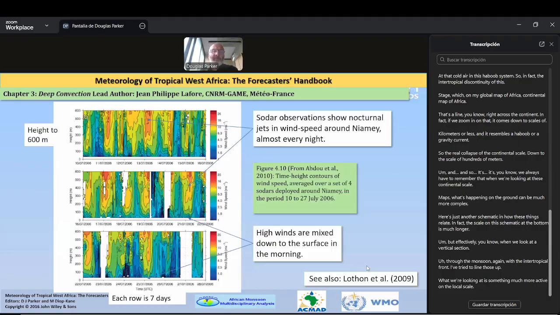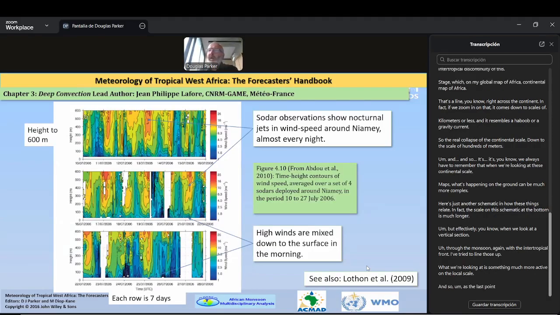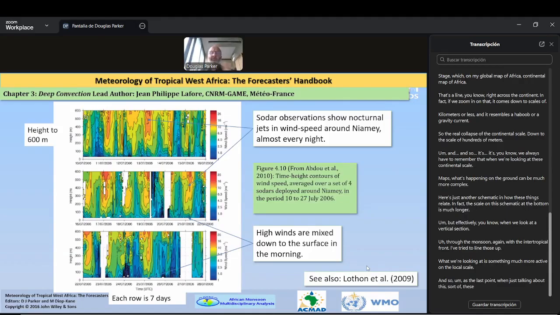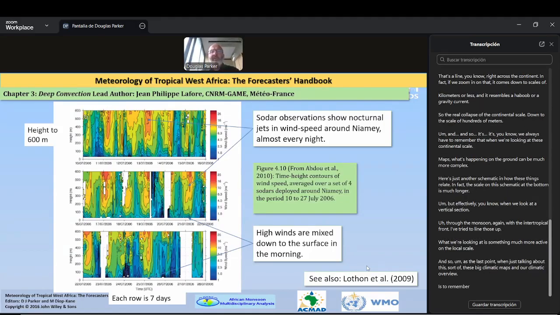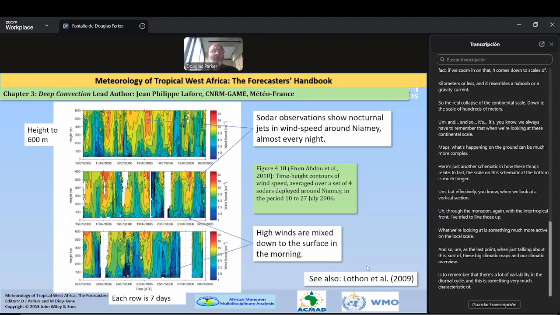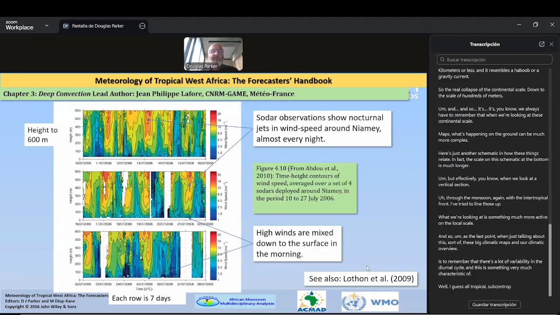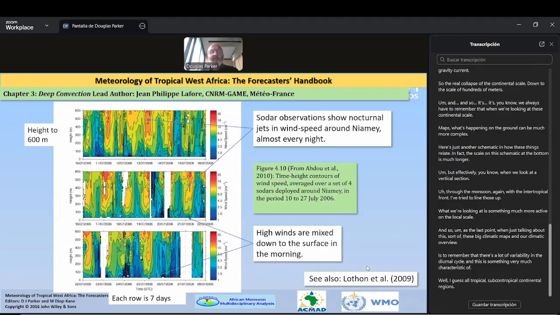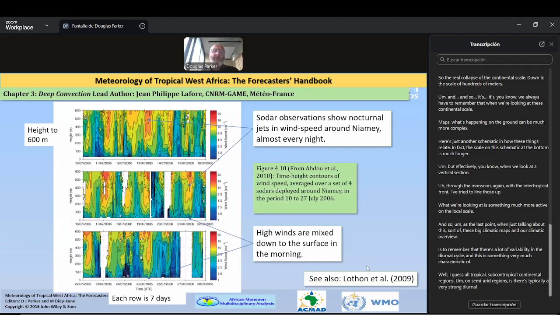And so, as a last point, when just talking about these big climatic maps and our climatic overview, is to remember that there's a lot of variability in the diurnal cycle, and this is something very much characteristic of, I guess, all tropical, subtropical, continental regions and semi-arid regions. There's typically a very strong diurnal cycle in the flow.